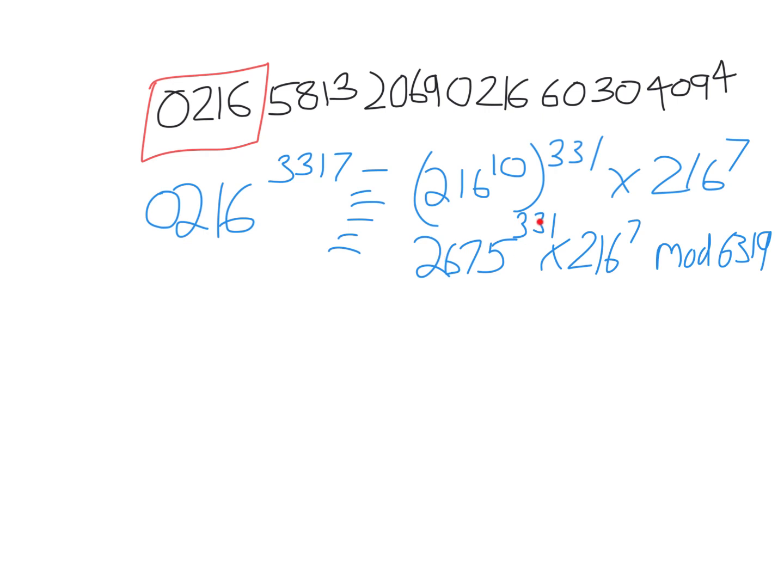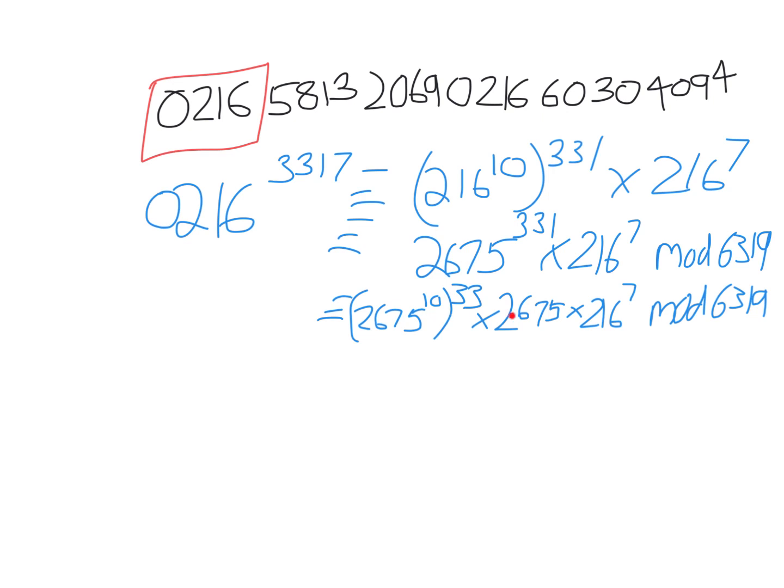Now I'll calculate this modulo 6319, but that's still a little too large for something like Symbolab, so I'll rewrite it like this. This here is 2675 to the 331 times 216 to the power of 7. It turns out 2675 to the power of 10 is equivalent to 5796 modulo 6319.